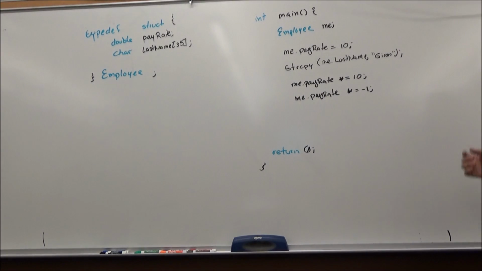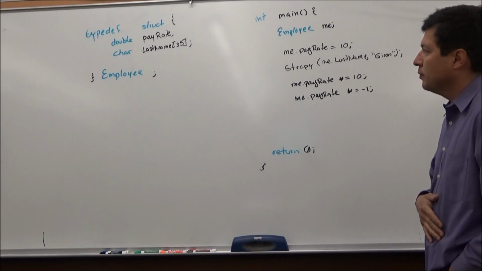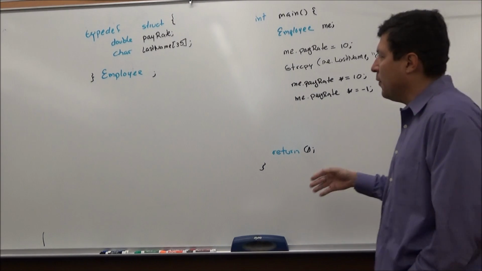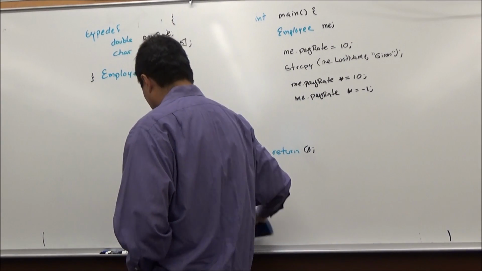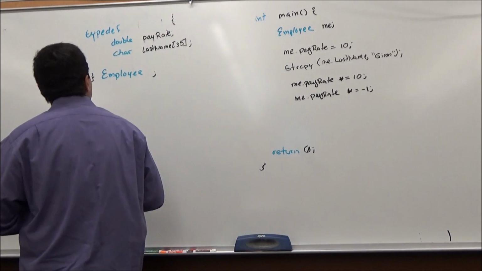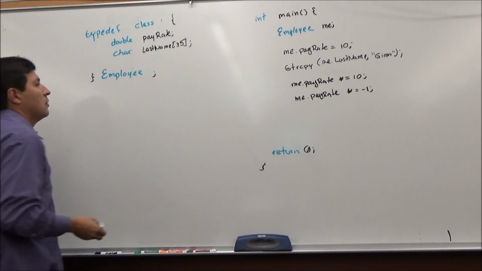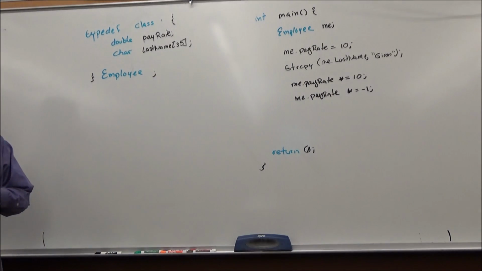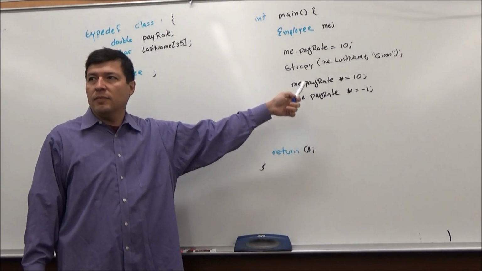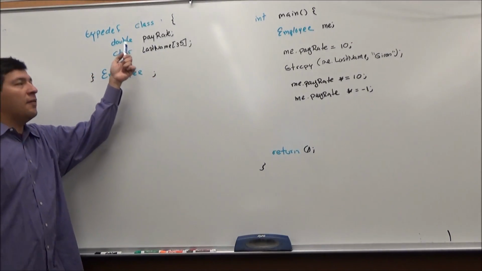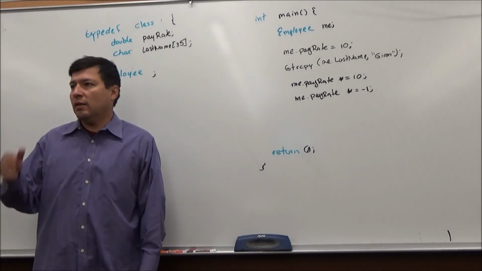So I briefly talked to you about some tags. I said the difference between a structure and a class is that by default in the structure, whatever's inside is accessible, but when it's a class, everything inside the class is protected, it's invisible.